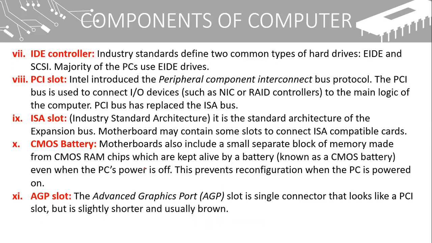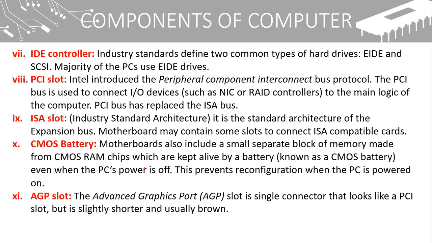So we now have what you know as PCI slots. The PCI slots, as stated, were intended to introduce the peripheral component interconnect bus control. The meaning of PCI is peripheral component interconnect bus control. The PCI bus is used to connect devices such as the NIC or RAID controllers.